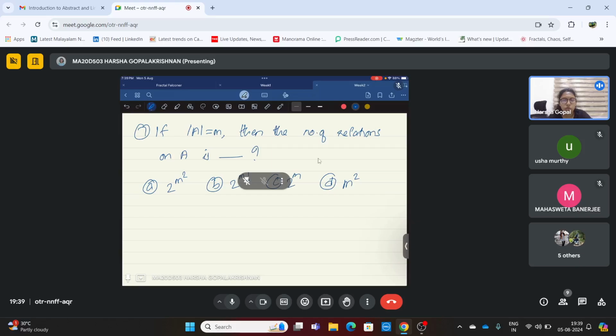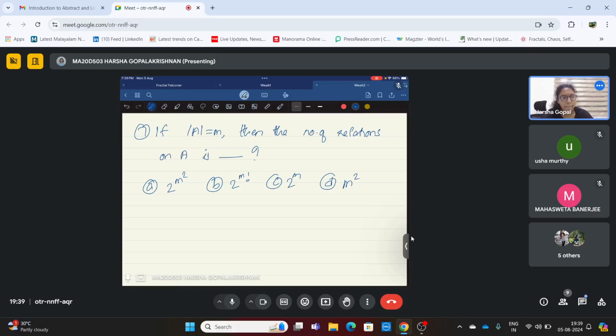Now we will go to the last week's topic, where we covered something related to relations. The question is, if the cardinality of A is m, then the number of relations on A is what? 2 power n, that is the number of power sets, right?